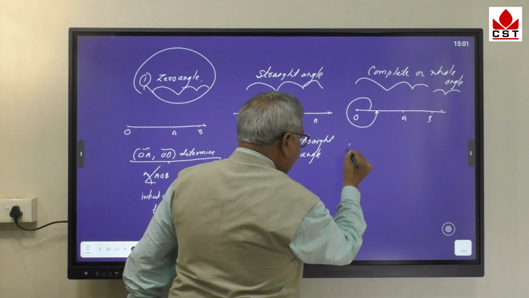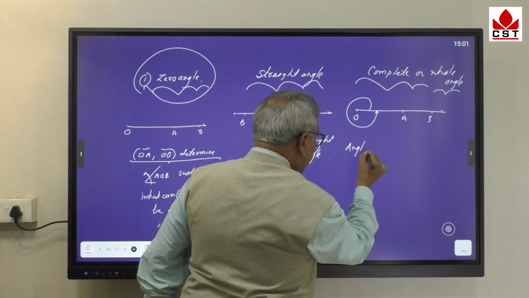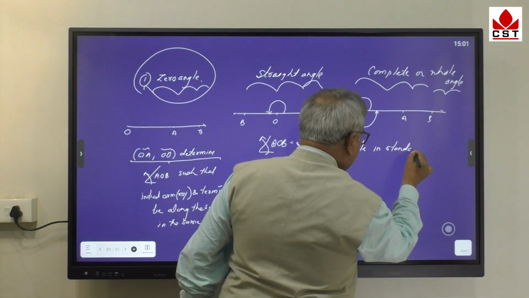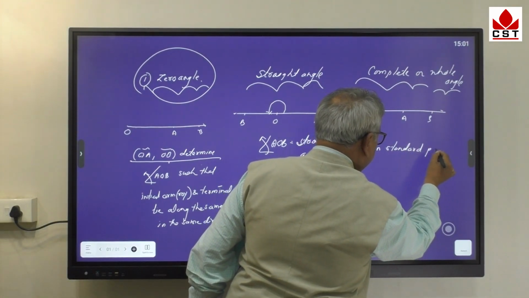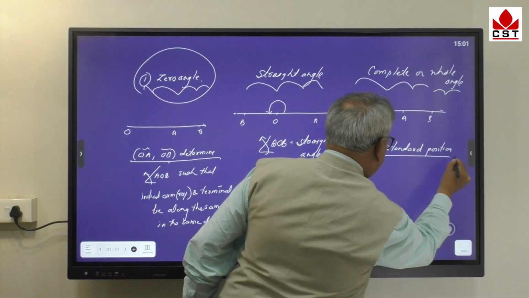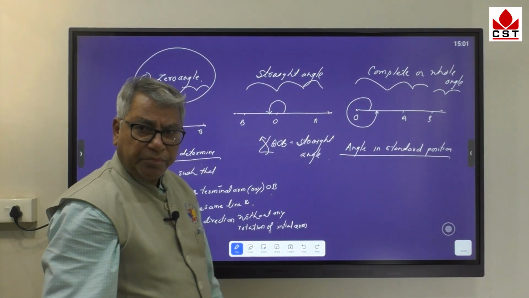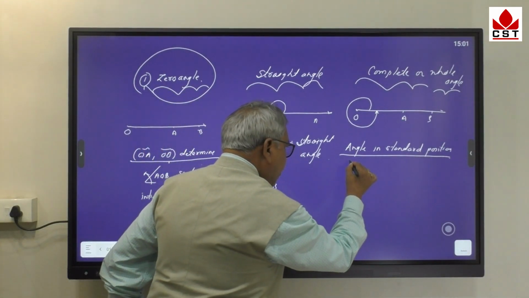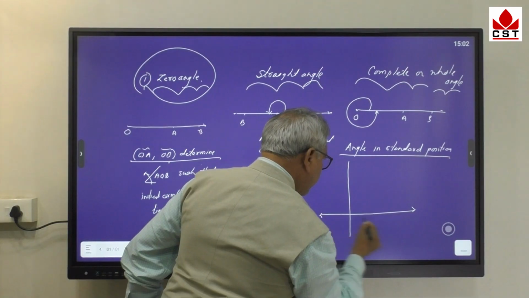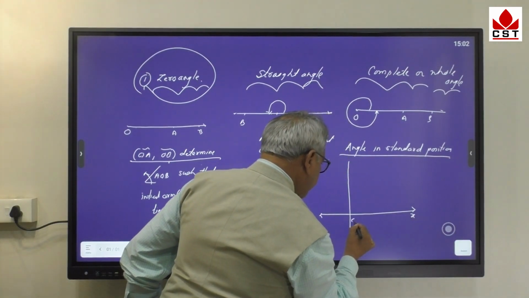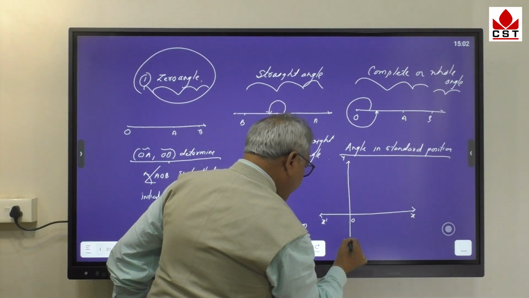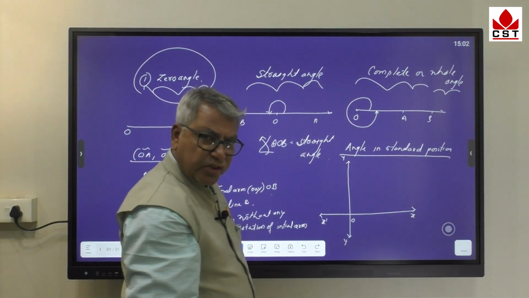That is angle in standard position. Angle in standard position, right? Here is a frame of reference.